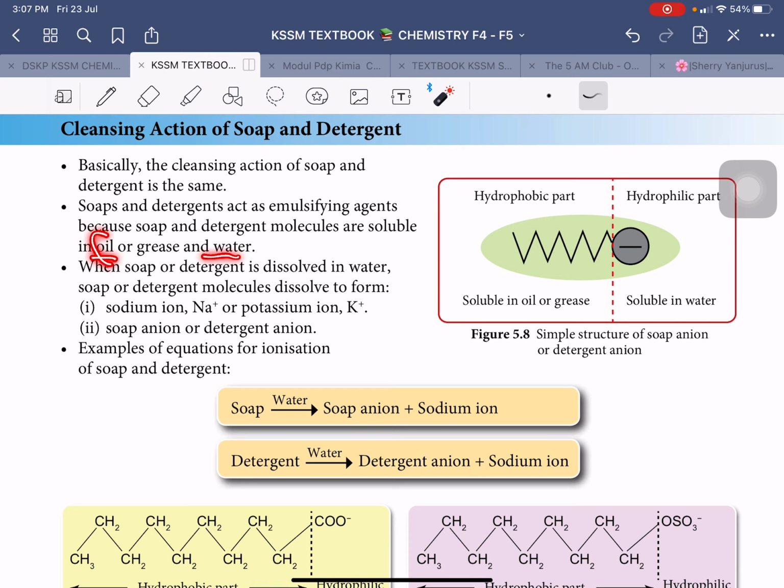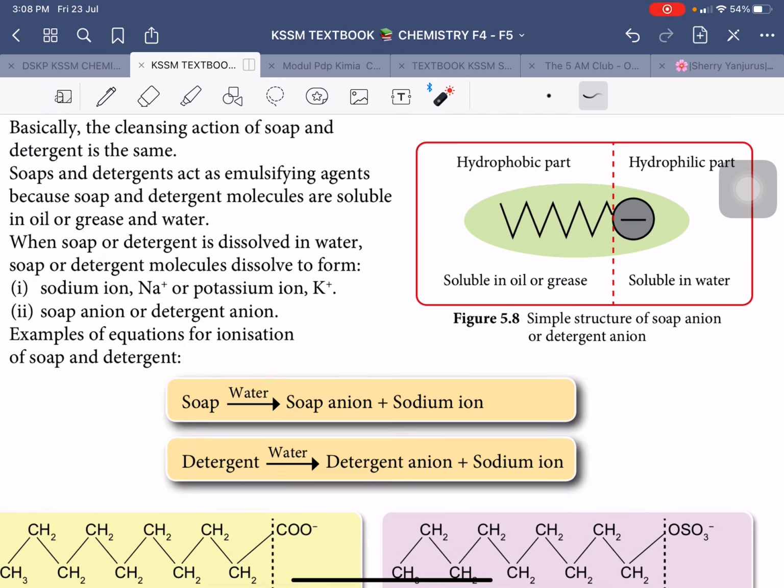Okay, minyak dan air cannot combine, but if you use emulsifying agent, yes, boleh combine. So when soap or detergent is dissolved in water, bila dilarutkan dalam air, apa yang terbentuk adalah actually sodium ion or potassium ion. Kan I told you there are two types of ion that can combine with a soap and detergent. And also you will see soap anion and detergent anion.